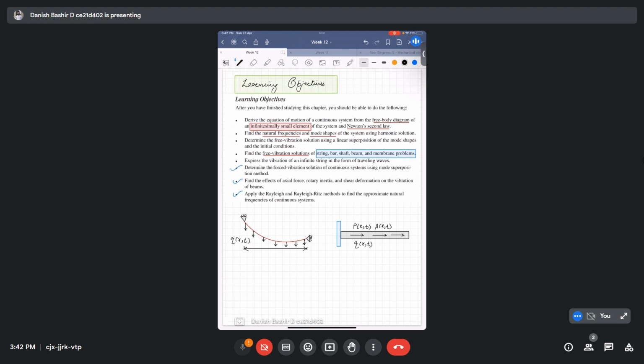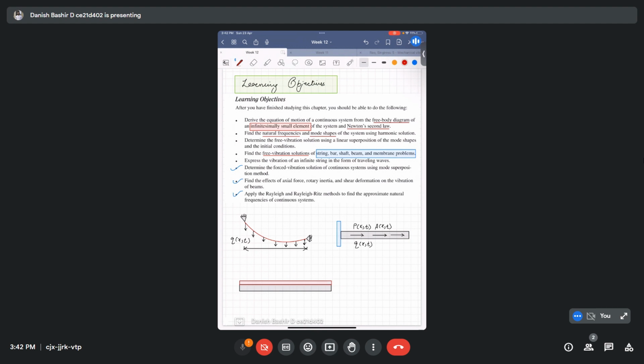Another continuous system will be, for example, the transverse bending of a beam. So this is the load acting upon our beam.